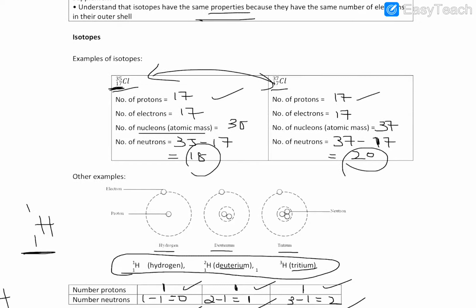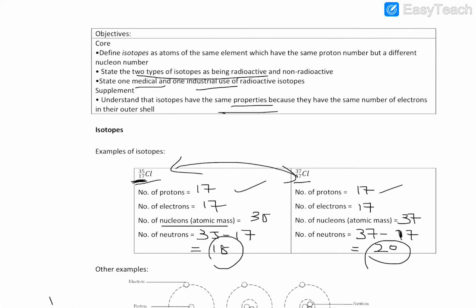So we can define isotopes. Isotopes are atoms of the same element that have the same proton number, but different nucleon number. That's the definition of isotopes.